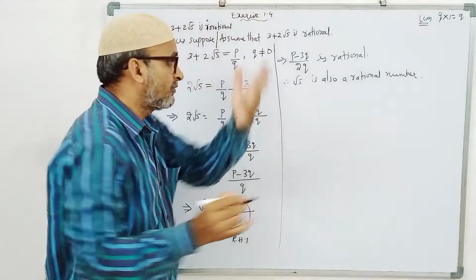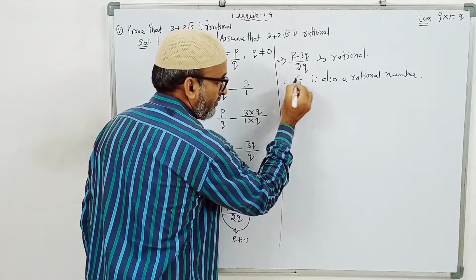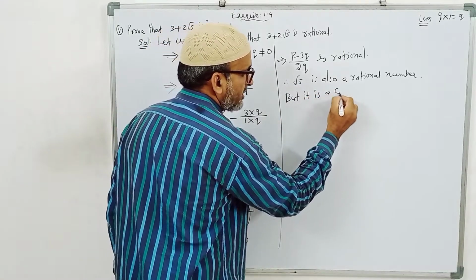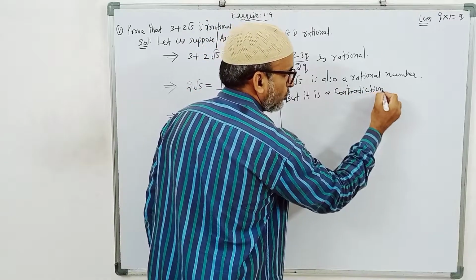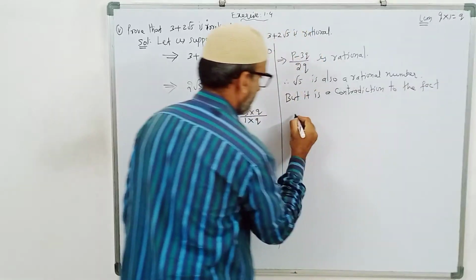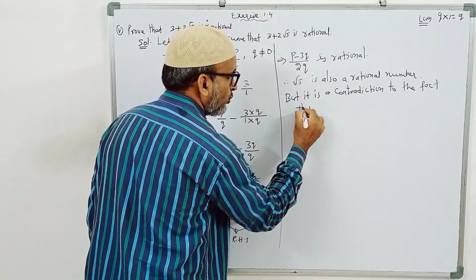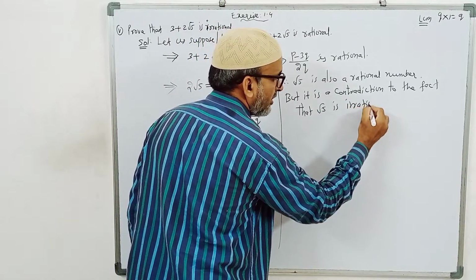But we know the fact, so this step is a contradiction to the fact that root 5 is irrational.